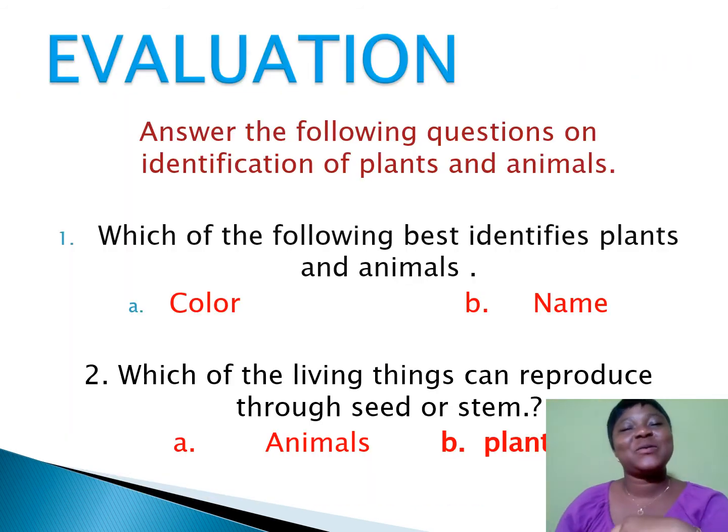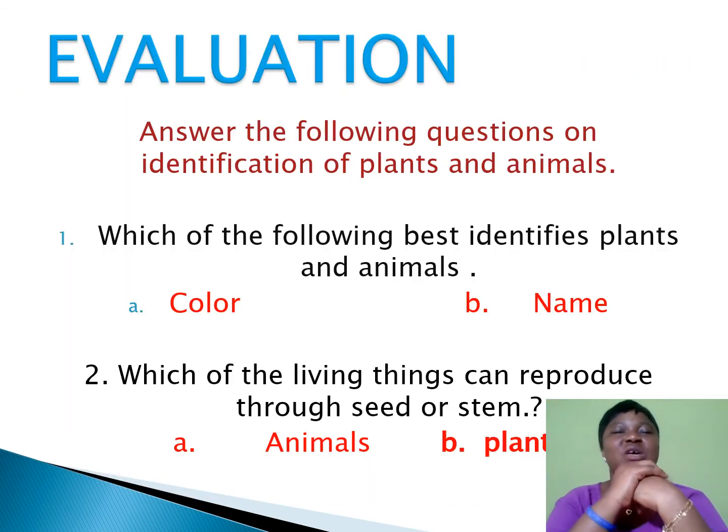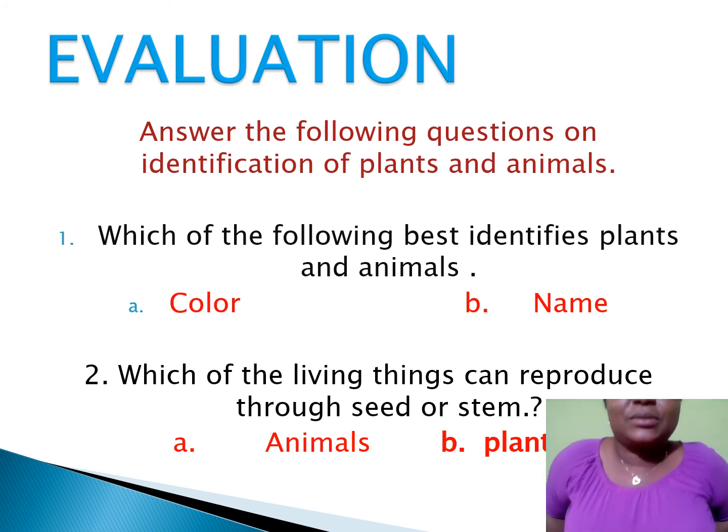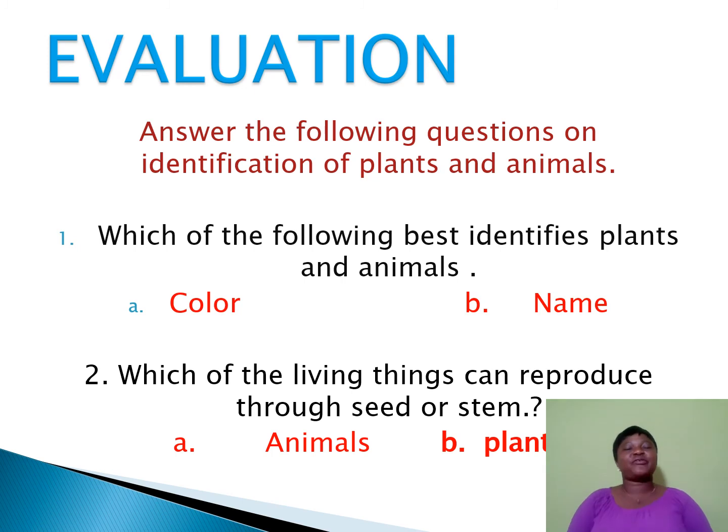Oh, evaluation. But before we come to evaluation, let's revise what we did today, okay? So today we learned about what? Identification of plants and animals. That's what we did today. Good. And then we mentioned some animals with their names.